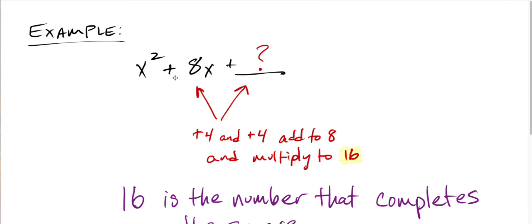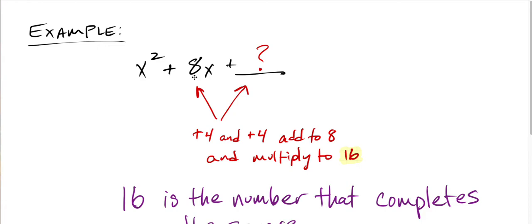So if you see x squared plus 8x plus blank, and you're trying to figure out the perfect square number to add to it, well, if we factor this, the two numbers have to add to the middle term. Remember, they have to multiply to the end, add to the middle. That would mean the two numbers have to add to 8, and they're the same number.